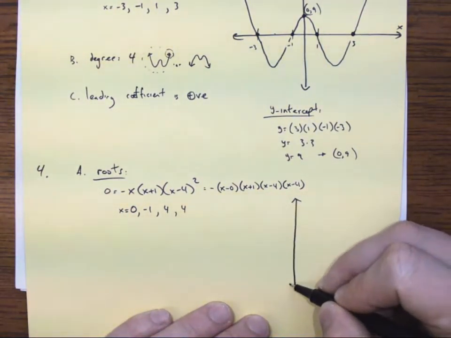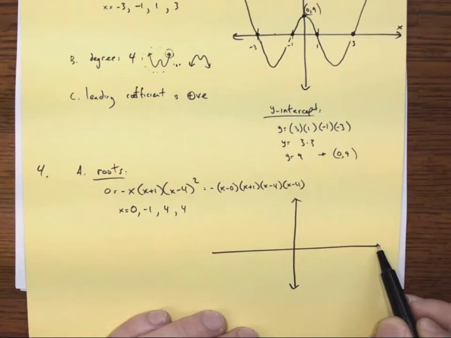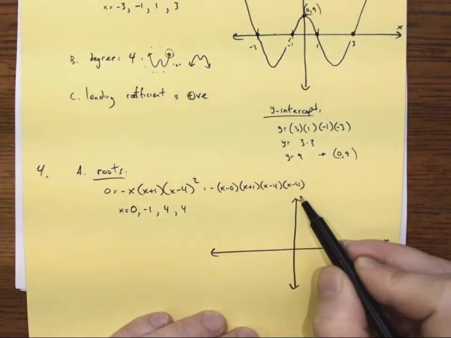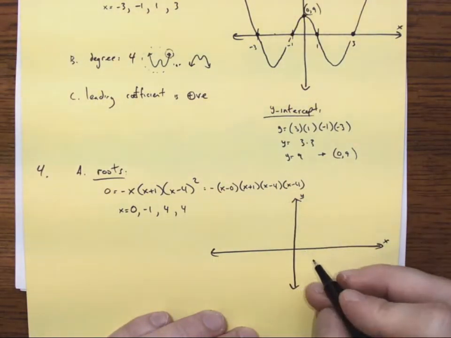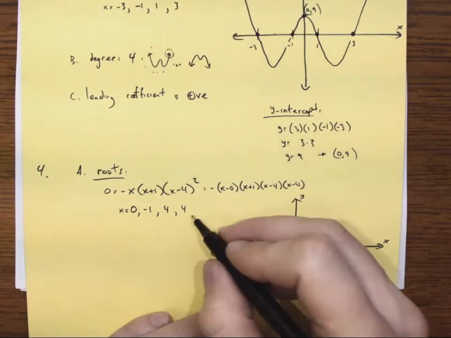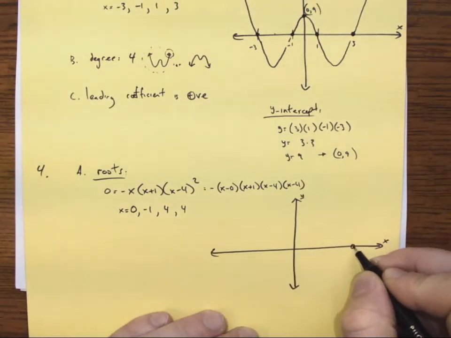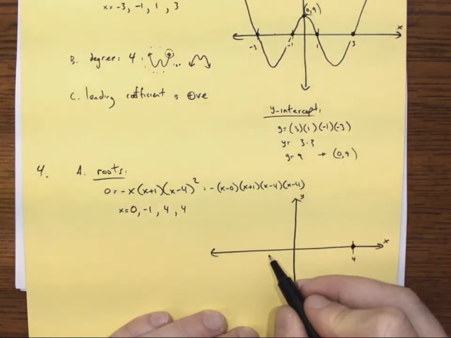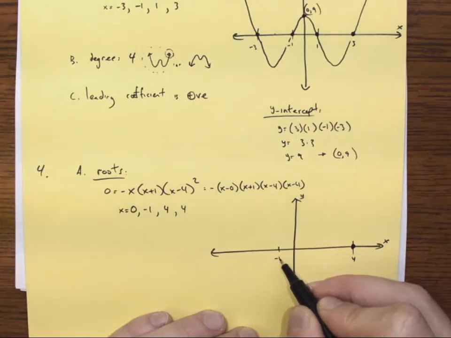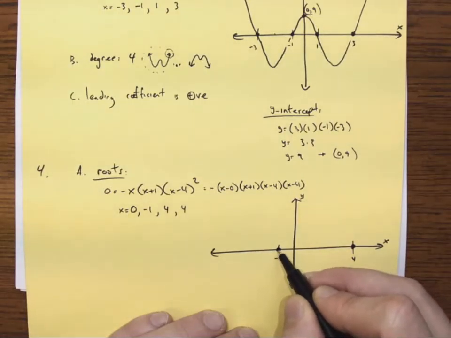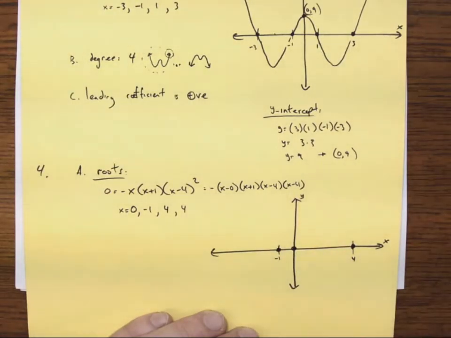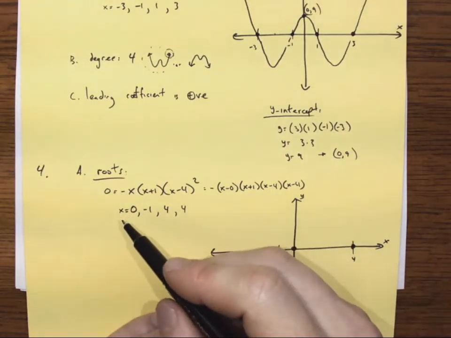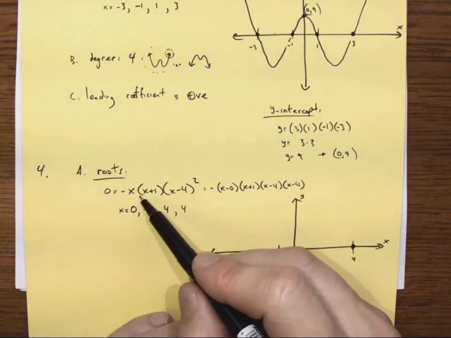So, when we plot this thing, I have a negative, wait, no, positive 4, right, so it's going to be out here. Negative 1, and a point at 0. Okay, so then I ask what is the leading coefficient.